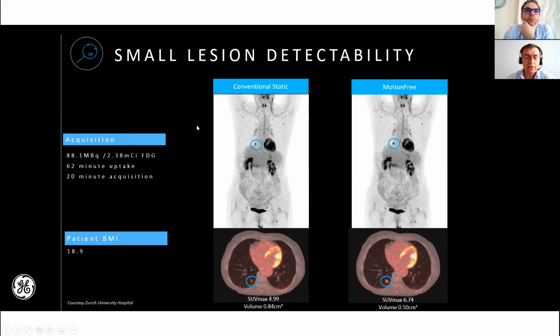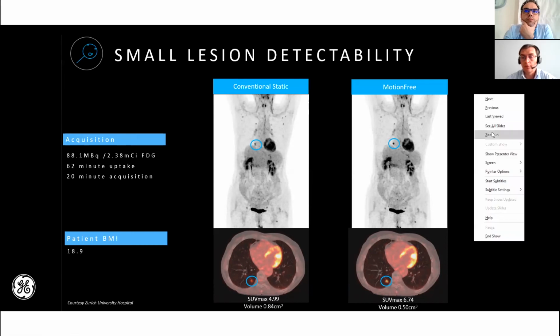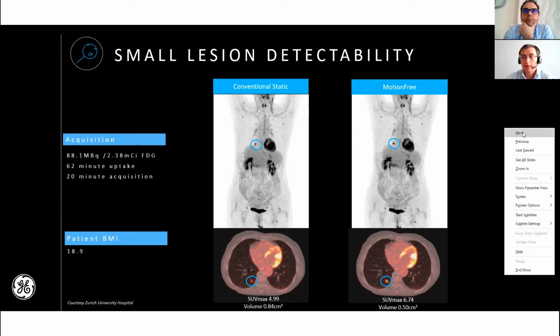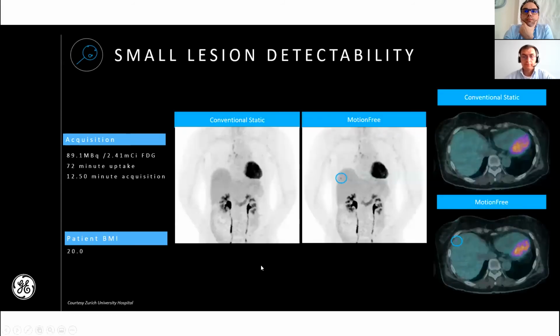By the way, that is an extremely nice example, as acquisition was done after injection of only 88 megabecquerels of FDG. So that is really low dose scanning with very good quality. That is already seen on conventional static and improved with motion-free, with all aspects of motion-free.